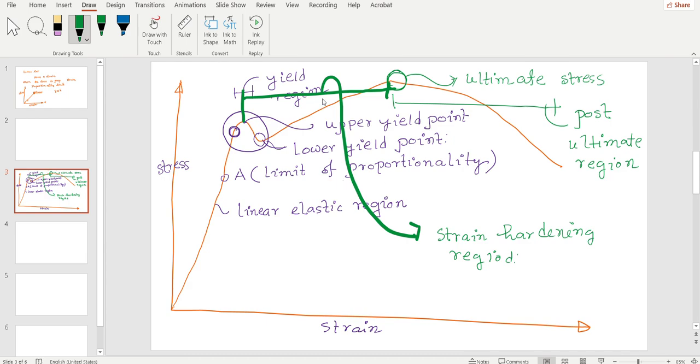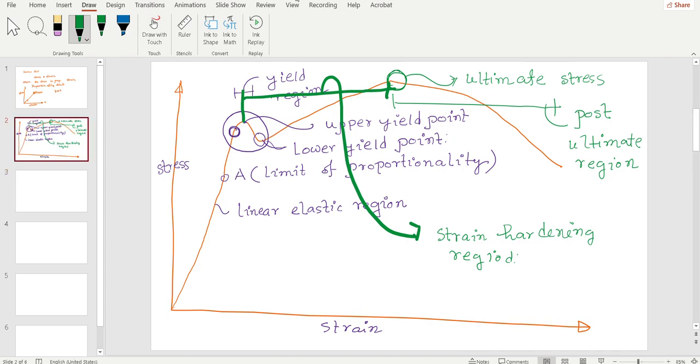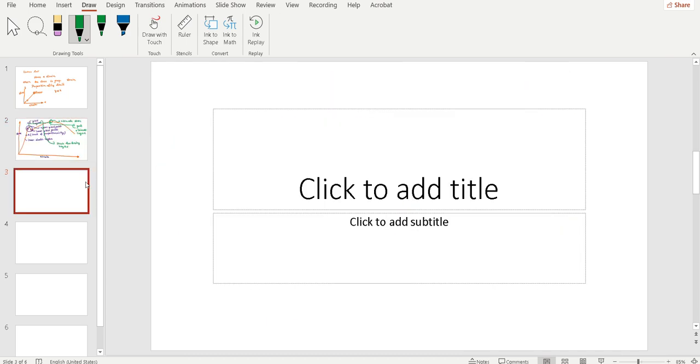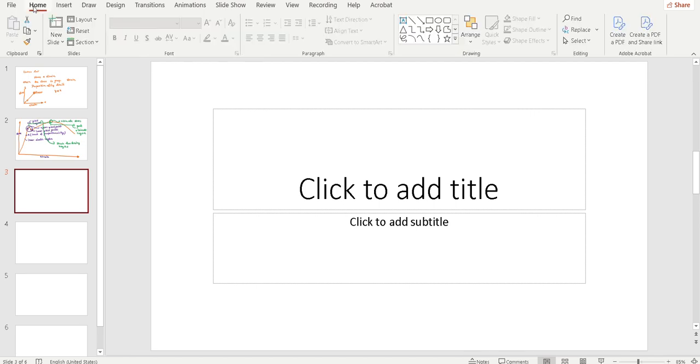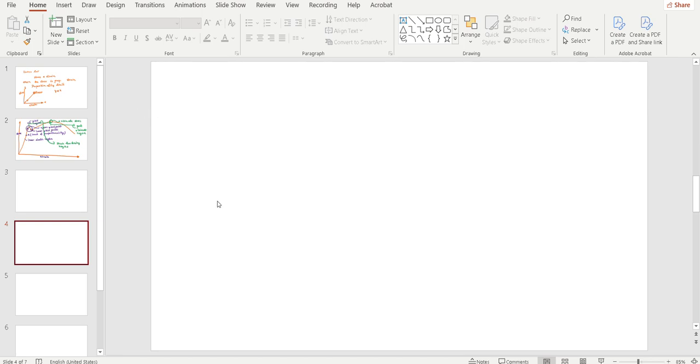Now let us come to the specific points of the curve. There is the region where the upper yield point and lower yield point occur.